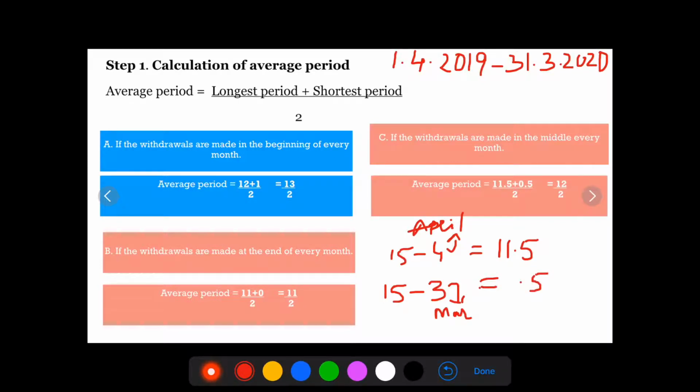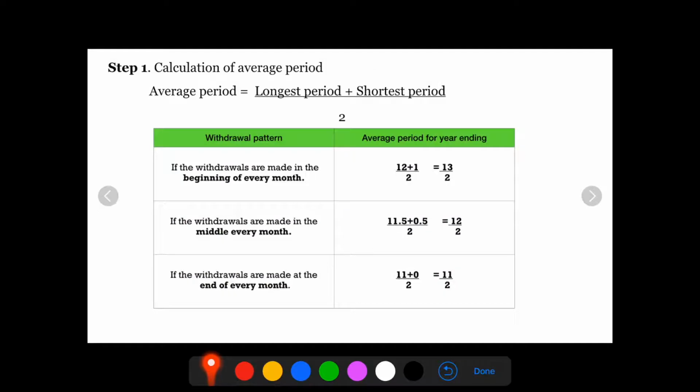We will call this 0.5. So, average period will be 11.5, the longest period, plus 0.5, the shortest period, divided by 2. We will get 12 by 2.